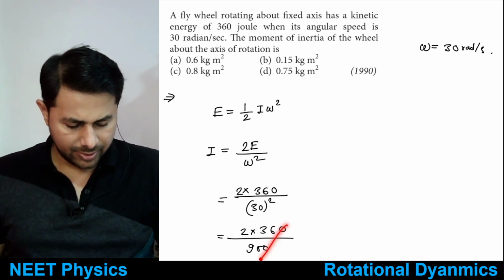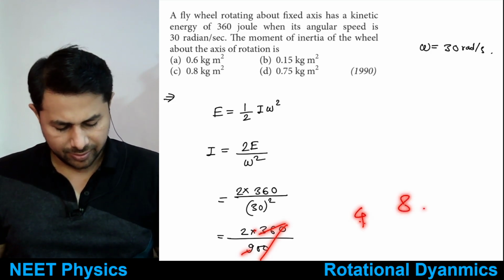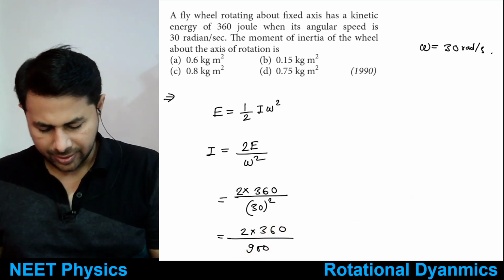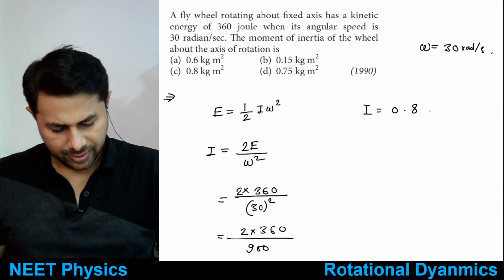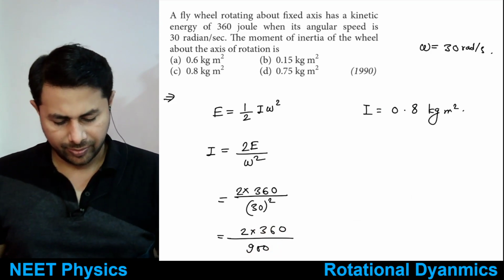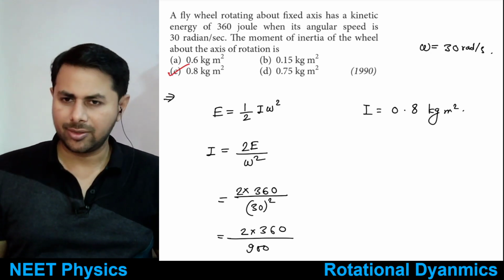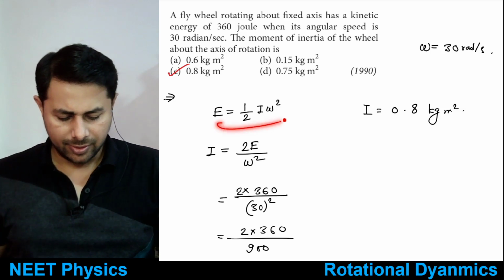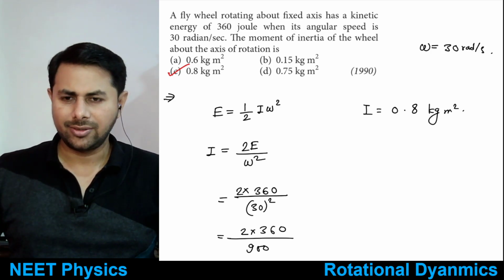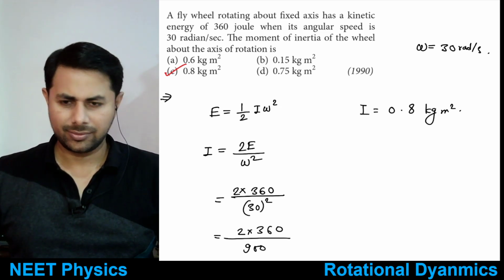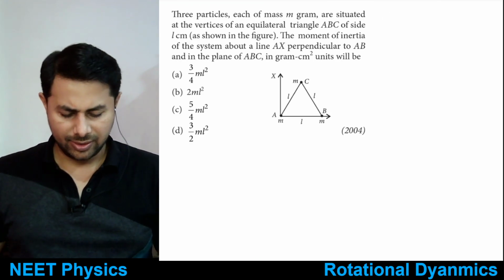Then 36 divided by 9 is 4, 4 times 2 is 8, but it will be 0.8. So Nikita is correct. It's 0.8 kg meters square, so it's option C. Very simple, direct question. Let's see the next one.